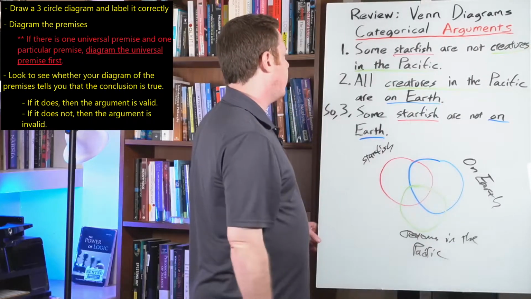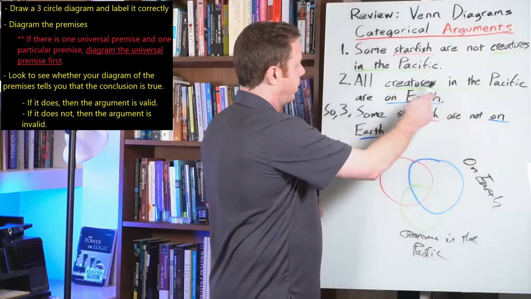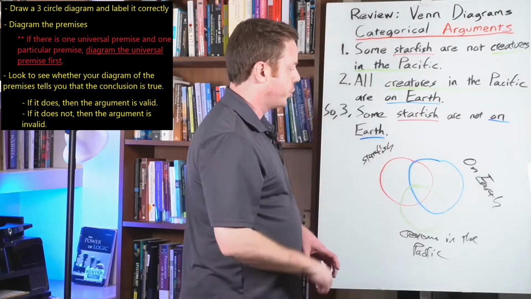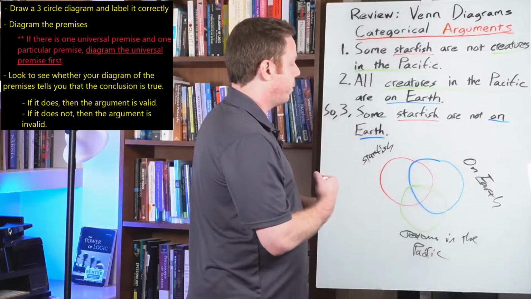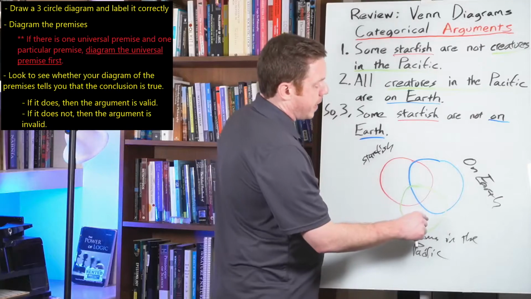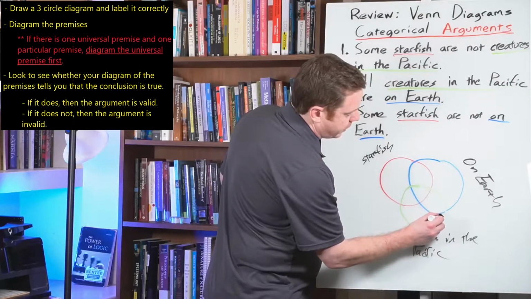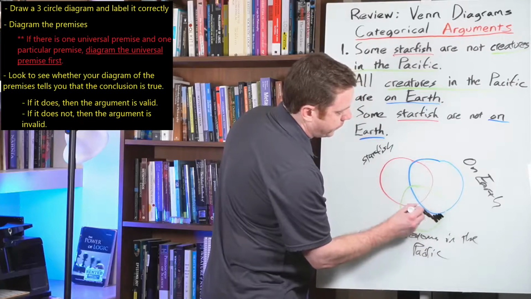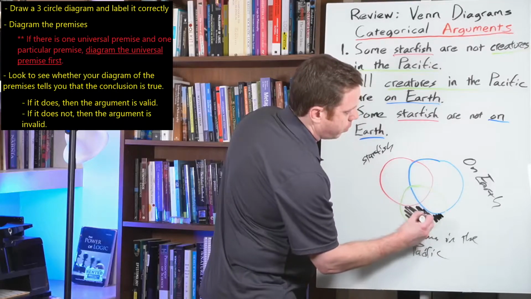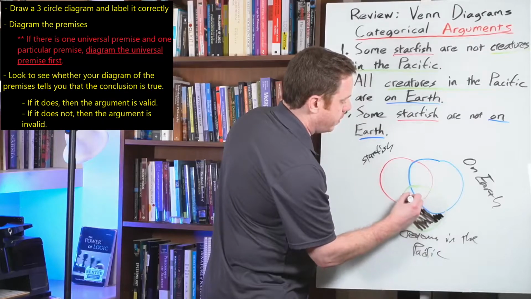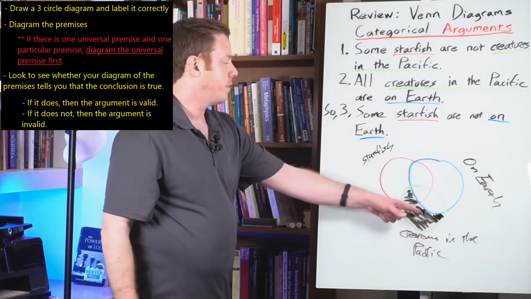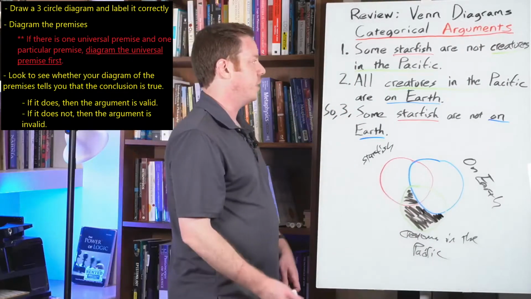It's saying that all the things in the green circle are in the blue circle. So that means all the things in the green circle that are not in the blue circle over here, that's actually empty. There's nothing there. All the things in the green circle are in the blue circle. So everything else in the green circle, that's actually empty.